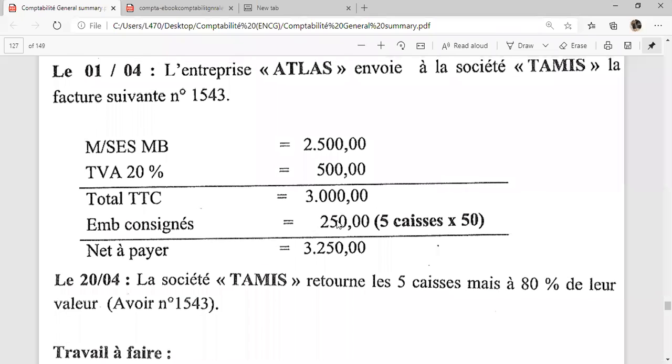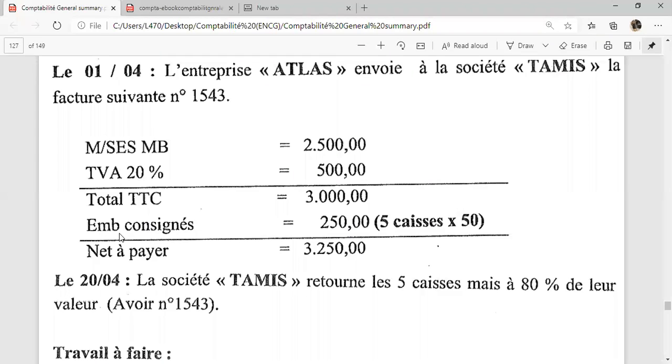This figure for the emballage is usually given to us in the transaction. Judging from how they calculated it, it was given to us as 5 cases at 50 dirhams each. So to find the total figure, we multiply the quantity, 5, times the cost of an individual unit, 50, which gives us 250.